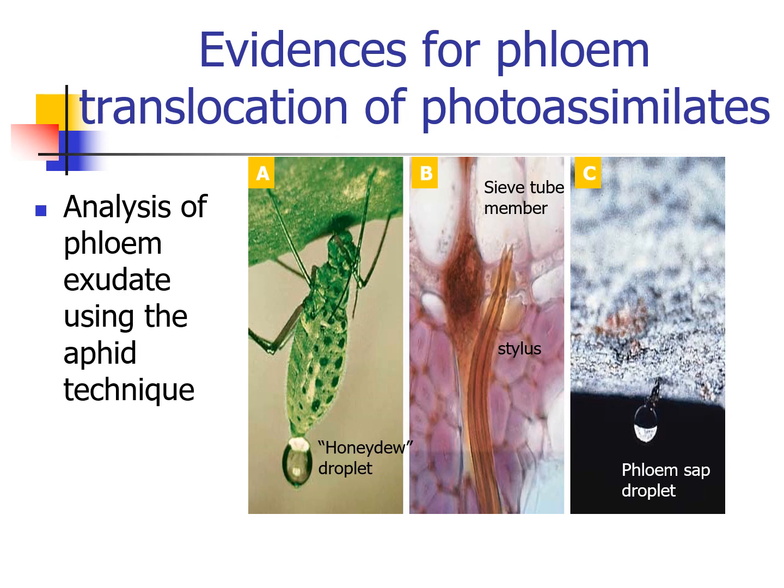When feeding, aphids are anesthetized with a stream of carbon dioxide, and the stylet is carefully severed with a razor blade. The phloem sap continues to exude from the cut stylet for several days. Exudate from severed stylets provides a fairly accurate picture of the composition of the phloem sap.